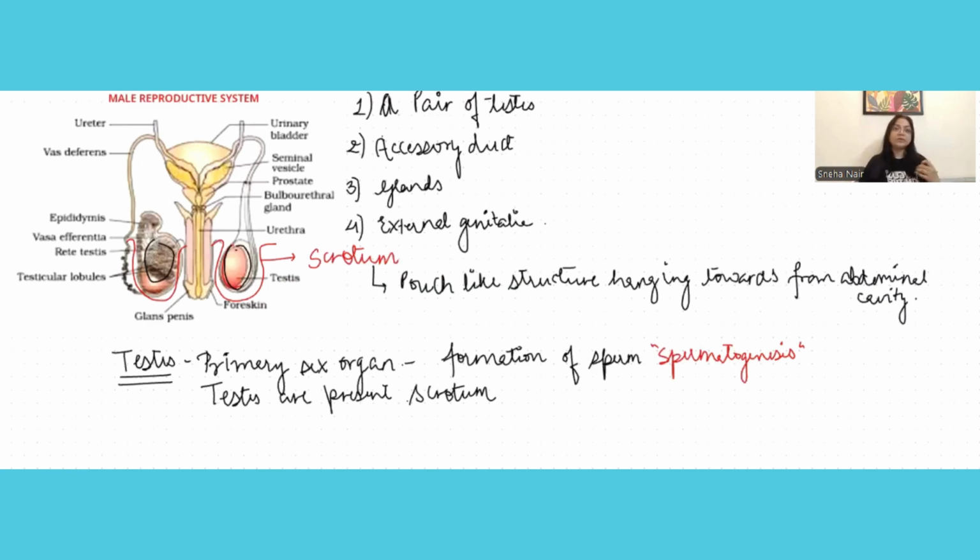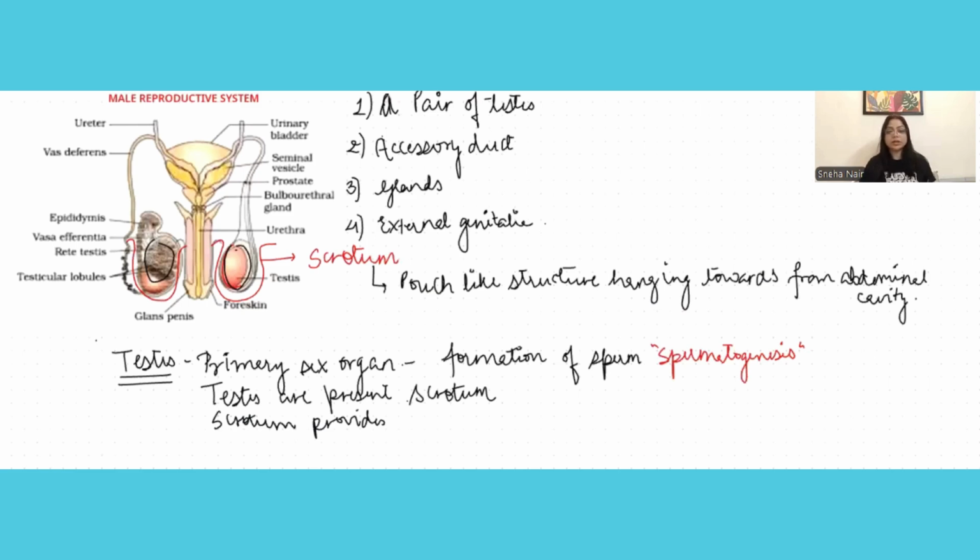Then the person will be sterile, and this condition is known as cryptorchidism. So why are testes present in the scrotum? Because scrotum provides suitable temperature for spermatogenesis. And what is the suitable temperature? It is 2 to 2.5 degrees lower than the body temperature.